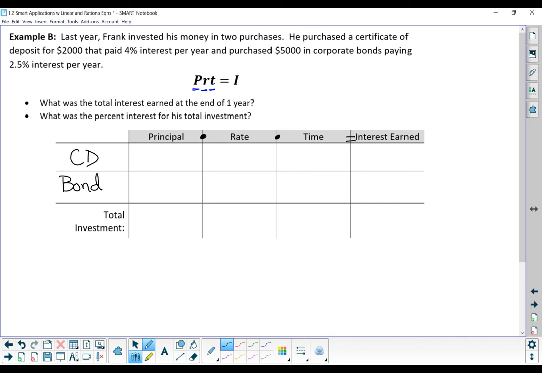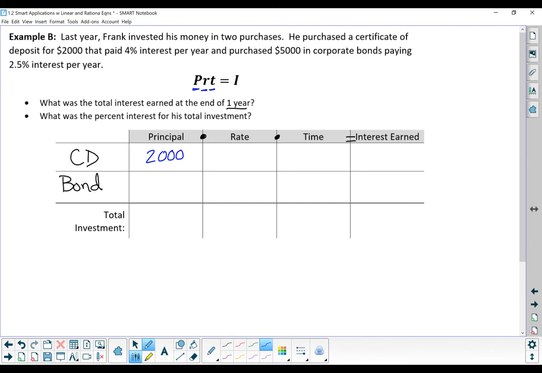So we have 2 goals that we want to calculate here. We want to calculate the amount of total interest that was earned at the end of 1 year. And we want to calculate the percent interest for his total investment. So for the CD, that was a $2,000 principal investment.